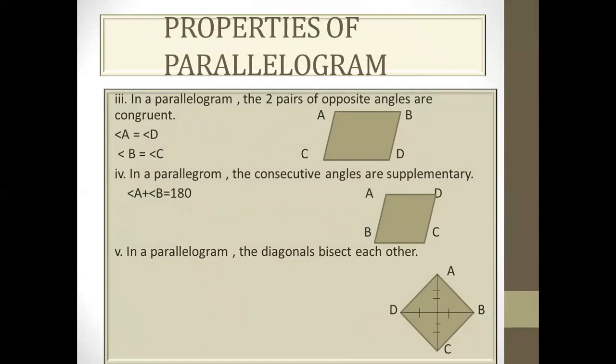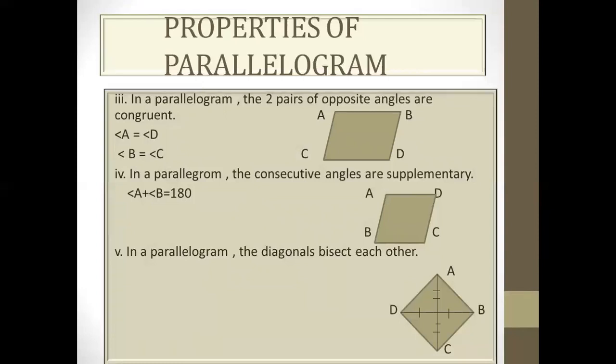You see in the diagram which two angles are opposite: angle A and angle C, angle D and angle B. They are opposite to each other and equal in measurement. Suppose angle A is 60 degrees, then D must be 60 degrees. Same for C and B.